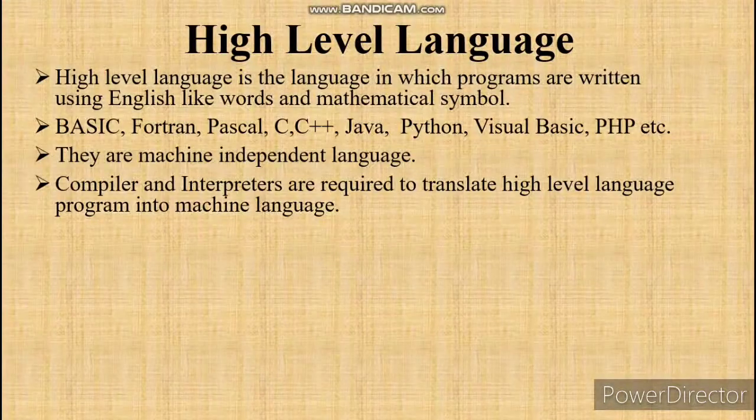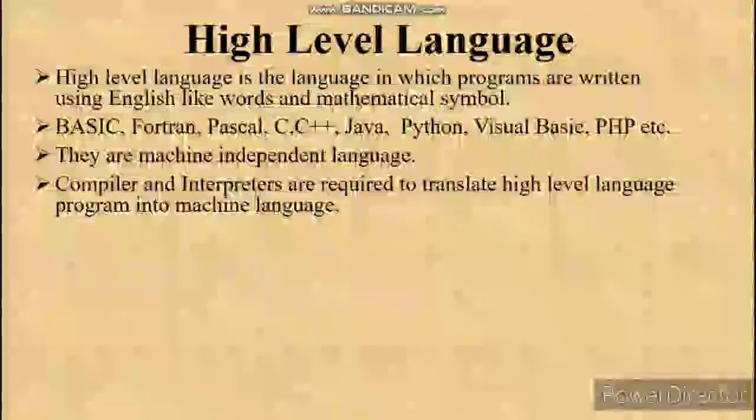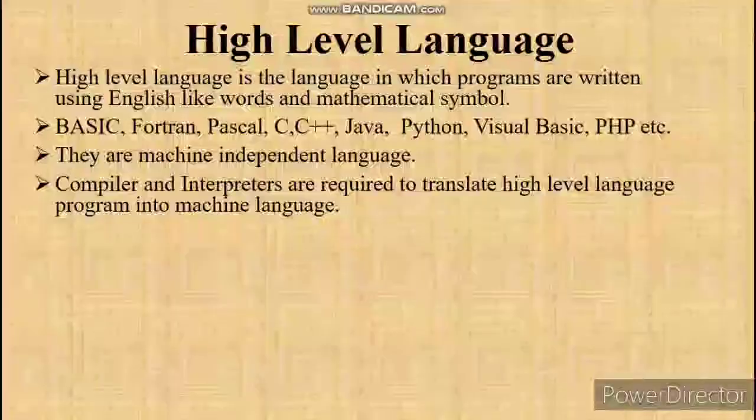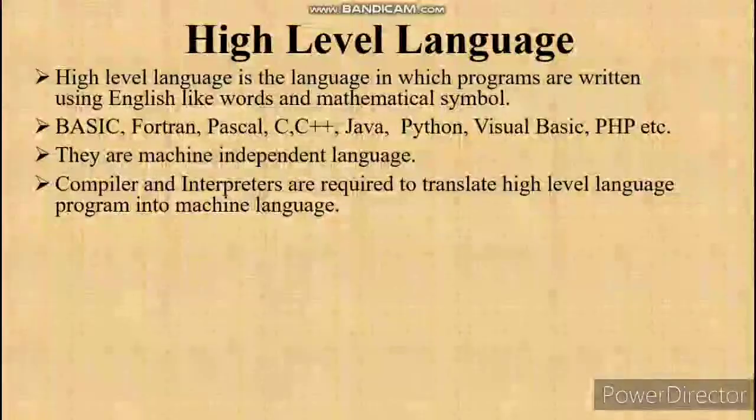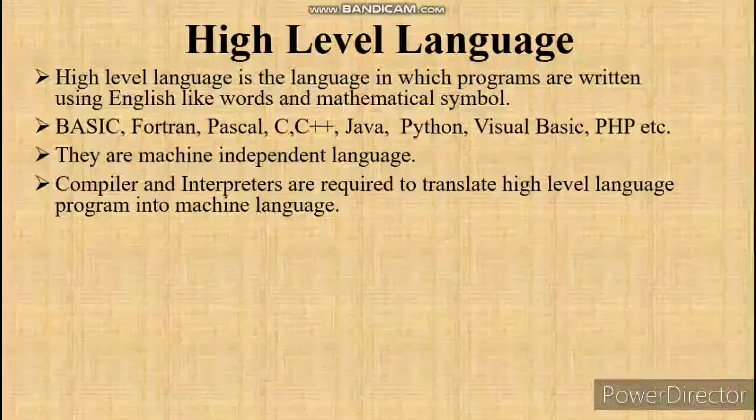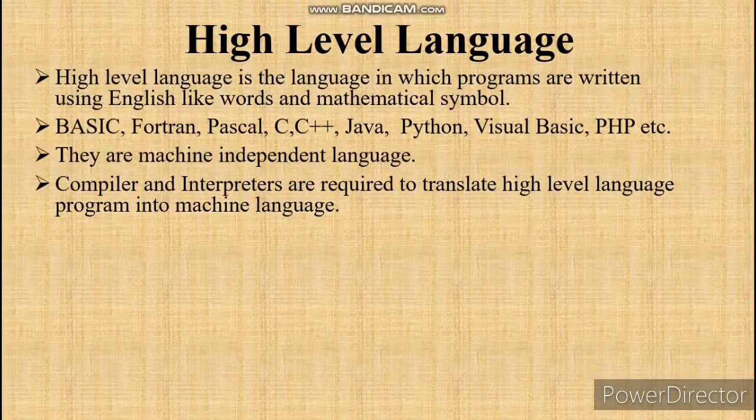Compilers and interpreters are required to translate high-level language programs into machine language. Why? I have already told you that a computer understands only 0 and 1, and a program written in high-level language uses English-like words.